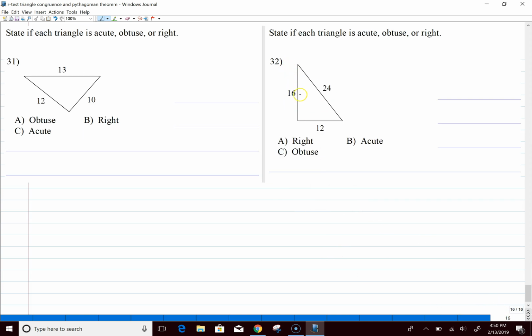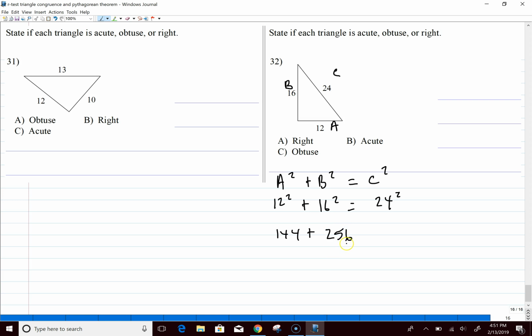The last one here. Biggest number is C. Smallest number is A. Middle number is B. Same exact thing. A squared plus B squared is equal to C squared. A is 12, so 12 squared plus B is 16 squared is equal to C, which is 24 squared. 12 squared is 144. 16 squared, 256.